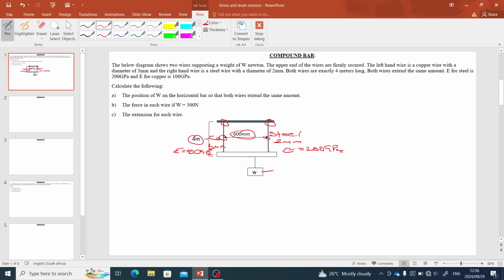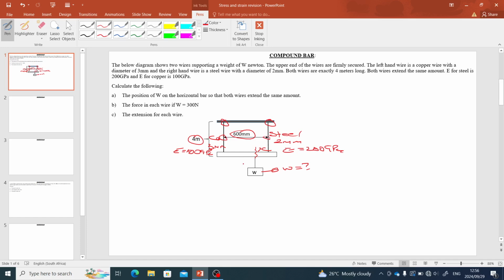But we don't know this distance, so we will denote it as x. We don't know the value of W at this moment, but that's not important.